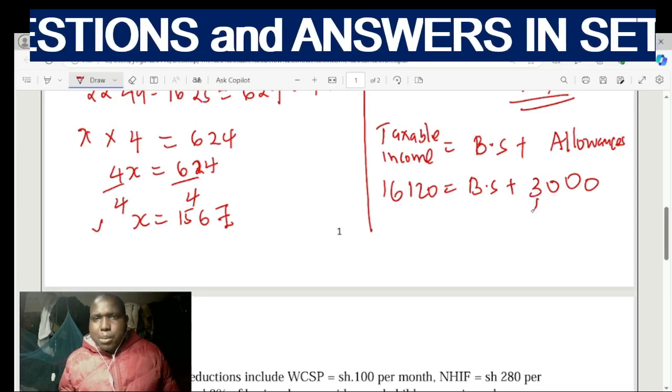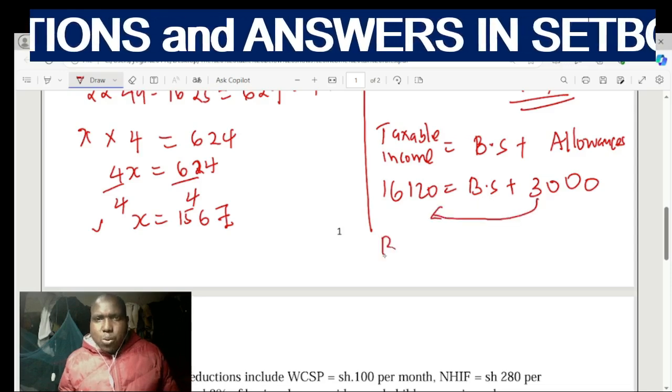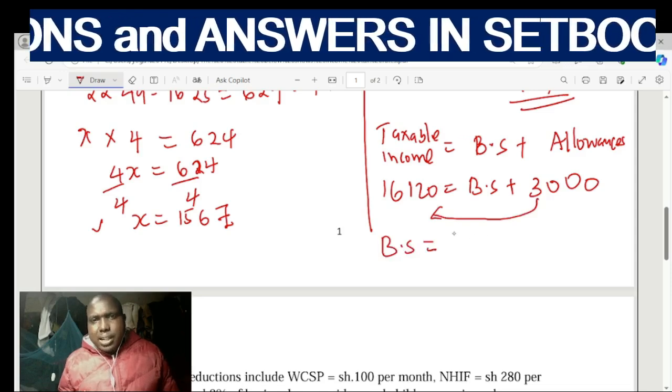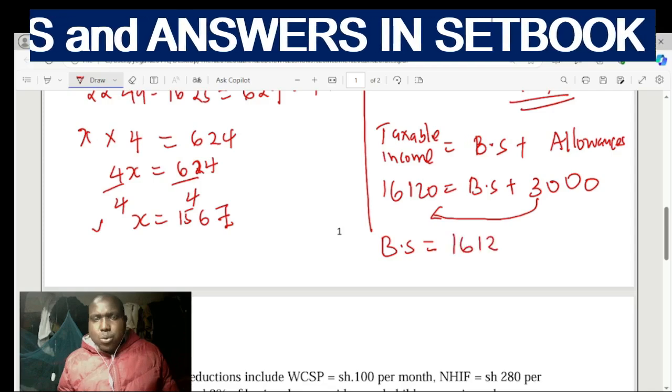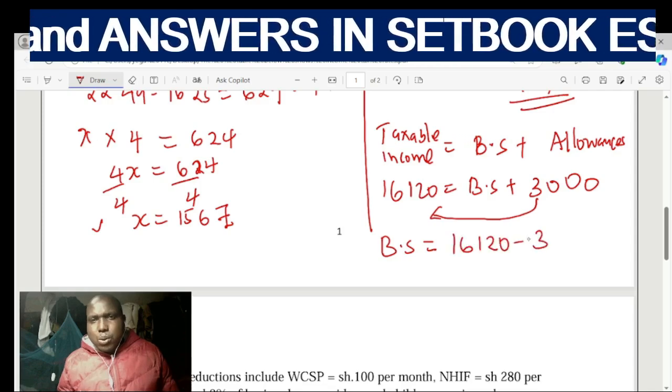So to get the basic salary now, basic salary is equal to 16,120 minus 3,000.